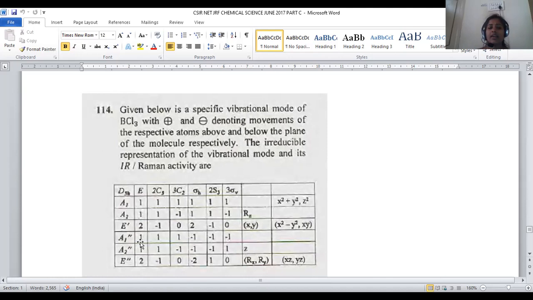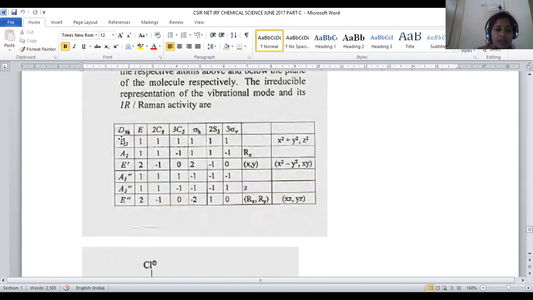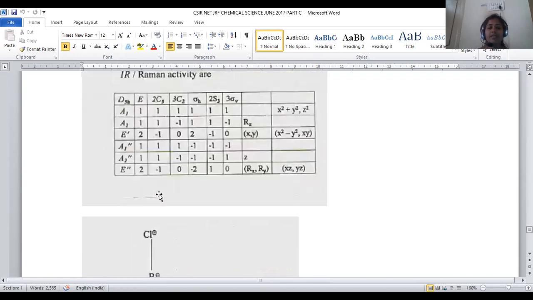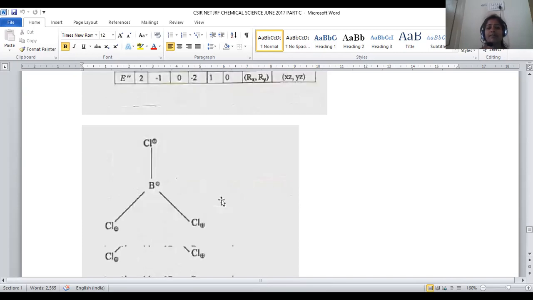So whether it is IR or Raman active or inactive is to be predicted. Here D3h symmetry is provided for the BCl3 molecule, and E, 2C3, 3C2, sigma h, 2S3, 3 sigma v point group operations are provided, and these are the irreducible representation values for all these.